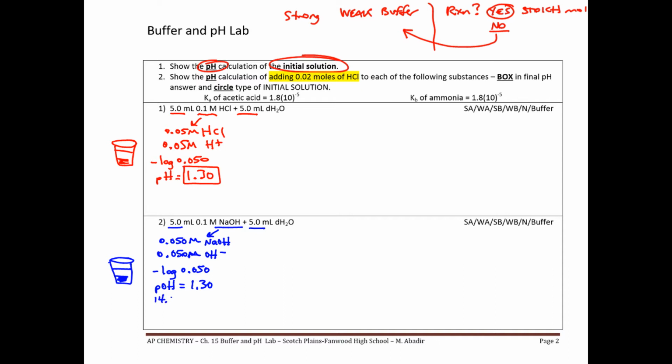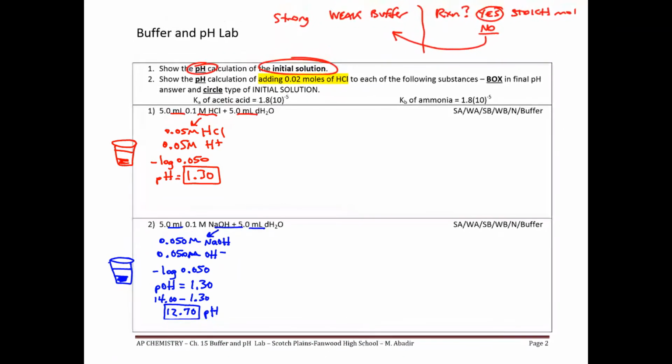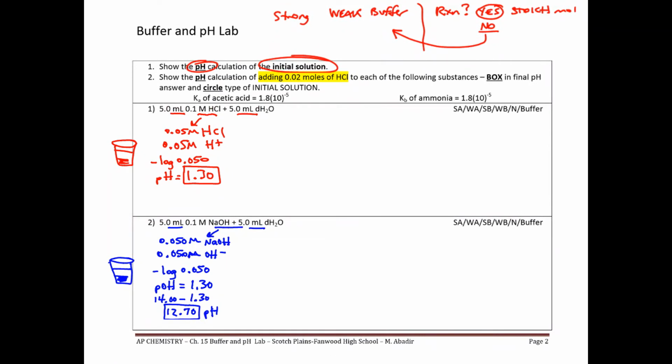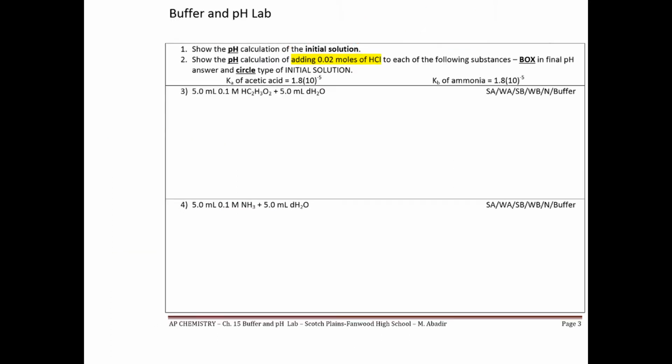So 14 minus 1.30 is going to be 12.70, and that's going to be the pH of the solution, which again makes sense because it's basic. So what we saw is that number one was a strong acid, and number two was a strong base.